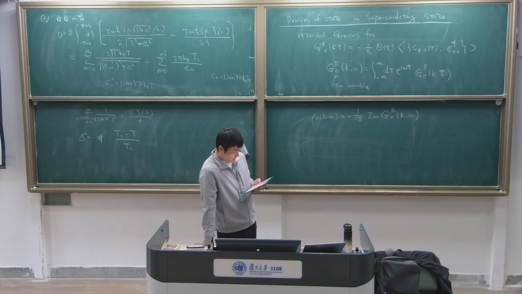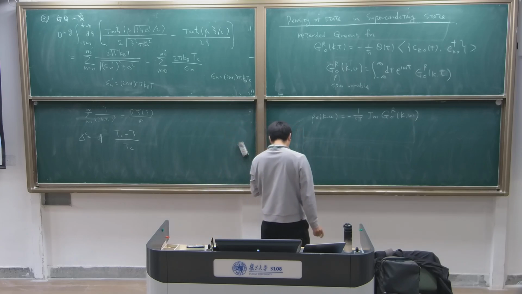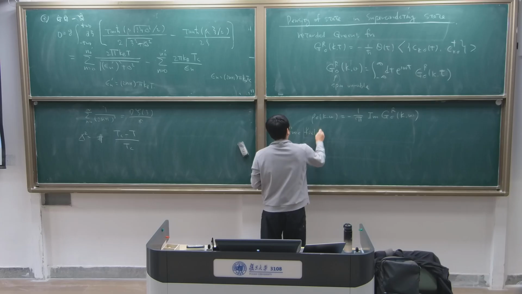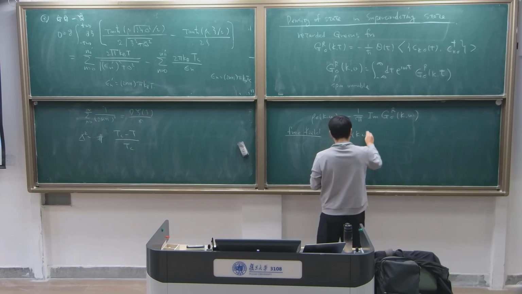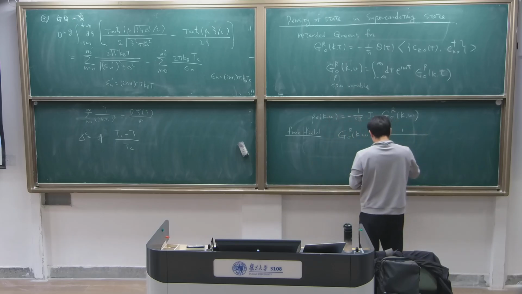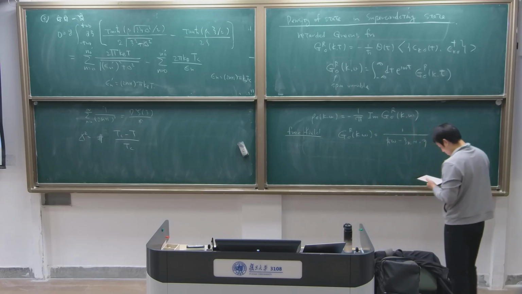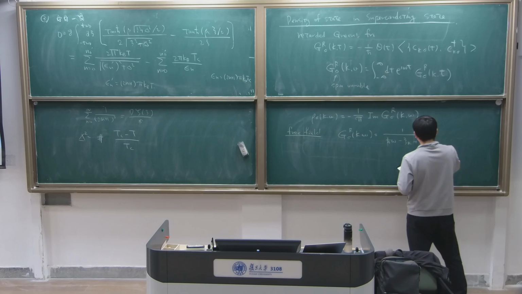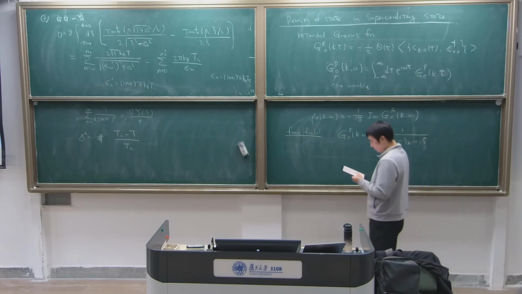And then in the free field, we already showed G_R of k, omega is just one over h bar omega plus epsilon_k plus i delta, where delta is just a regularization parameter. In the previous lecture I called it something else.